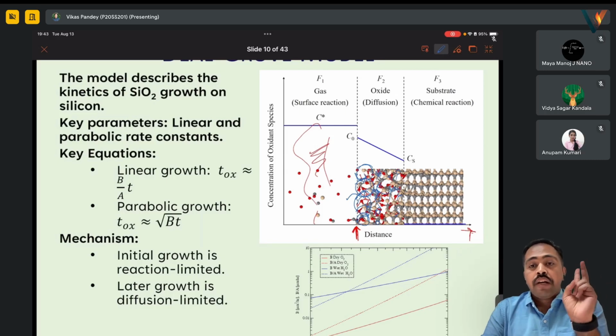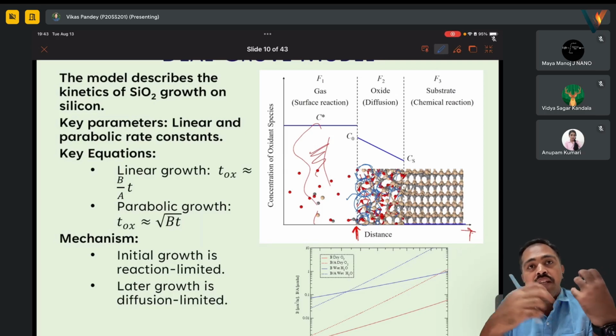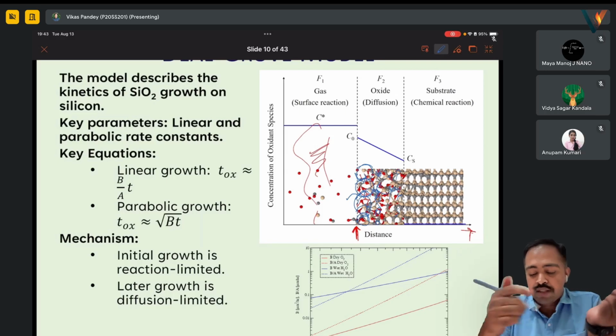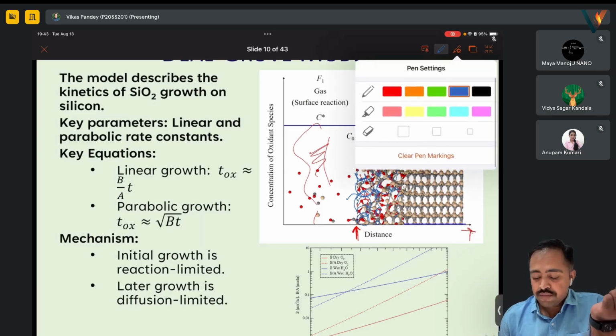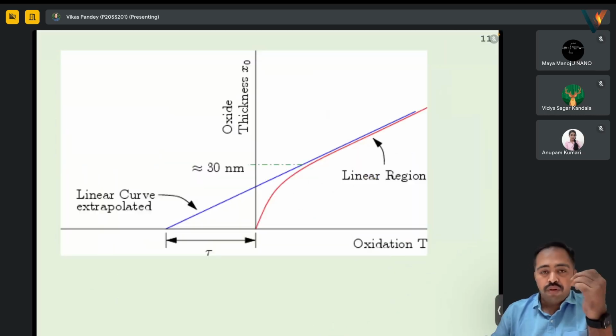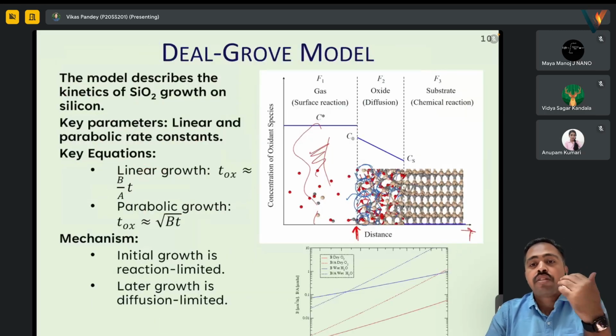So there are actually two parts. The start of the reaction will be gas concentration dependent. How much gas is available on the top will lead to the reaction. But as we move forward, this reaction will become more diffusion dependent.